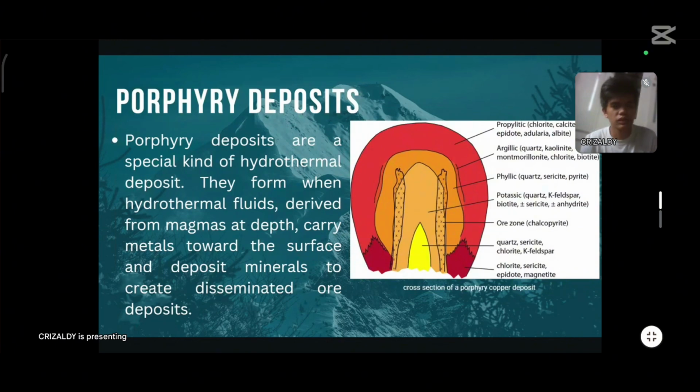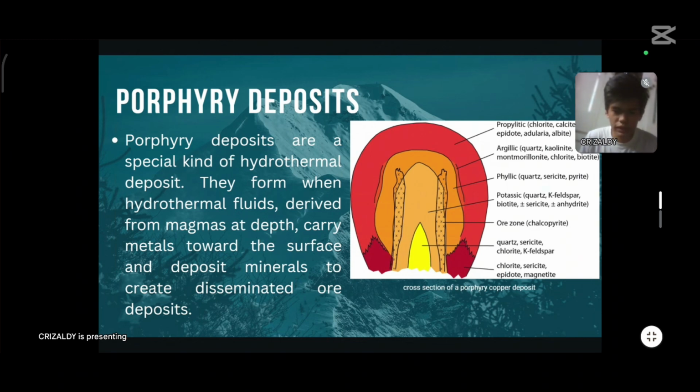Now, porphyry deposit. Porphyry deposits are a special kind of hydrothermal deposit kung saan dahil sa mga hydrothermal fluid from the magmas at depth, nagdadala siya o kine-carry niya paangat sa surface yung mga deposit minerals to create ore deposit. Makita natin din sa image.